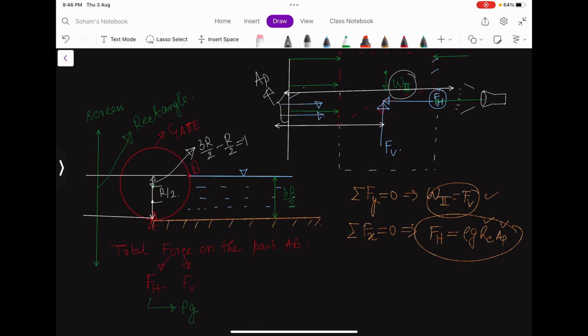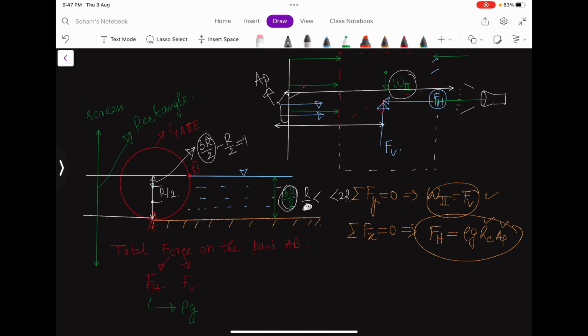Can that happen? Actually not. So this height cannot be 3r by 2. It is more than r but less than 2r.